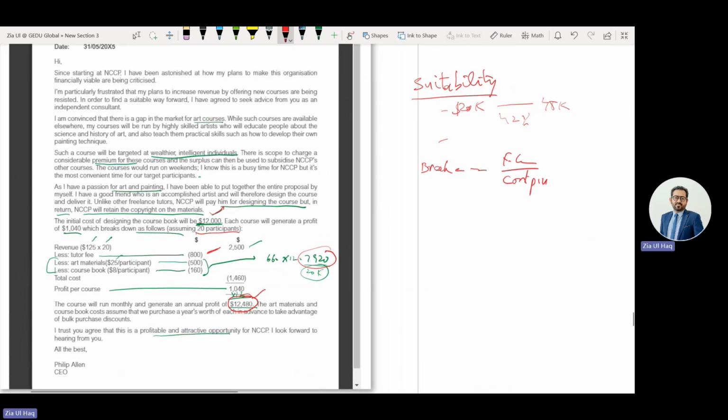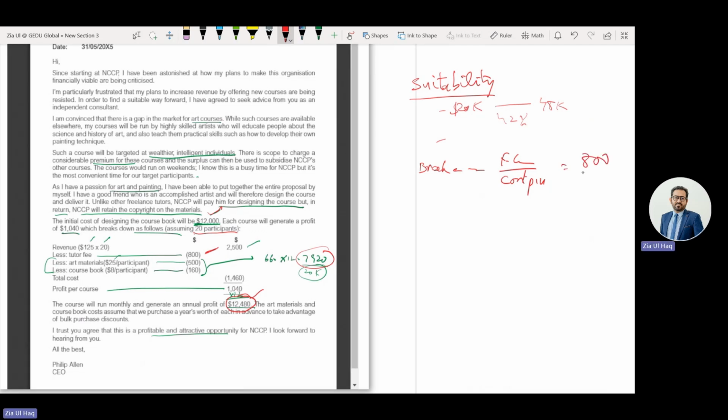Fixed cost is what? 800. What is the contribution per unit? Selling price per unit is 125. Variable cost is 25 plus 8, 33. 125 minus 33, 92.